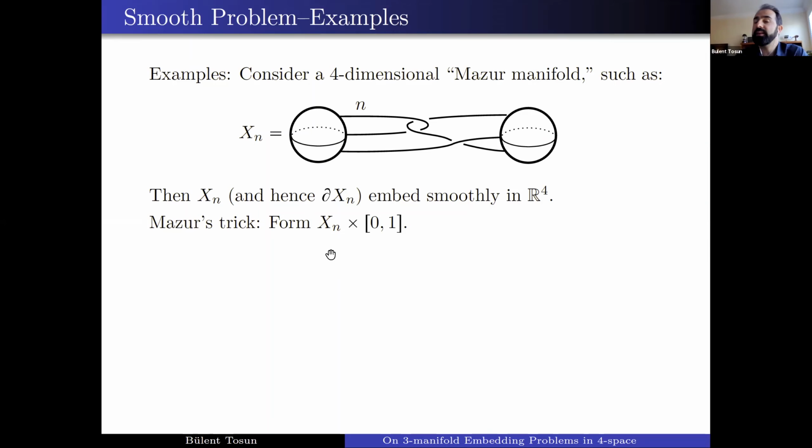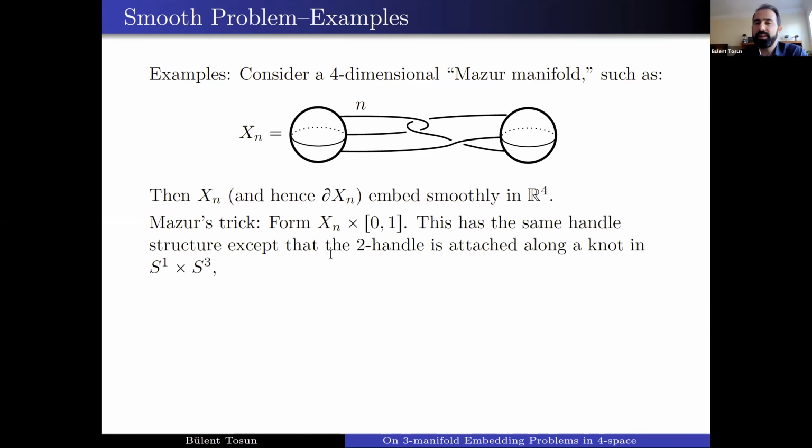You thicken this four-manifold, you cross it with an interval. Now it's a five-manifold, but the handle structure hasn't changed, except that the 2-handle, which was attached along this circle, is now attached along a knot in S1 cross S3. In particular, we can actually undo this crossing. When you do that, this algebraic intersection one also becomes geometric intersection one.